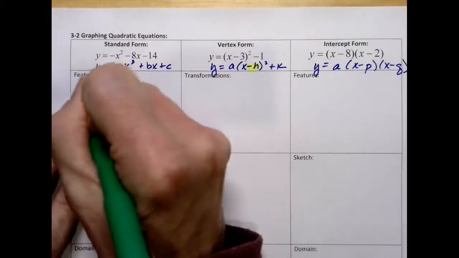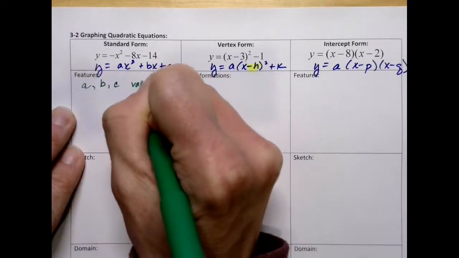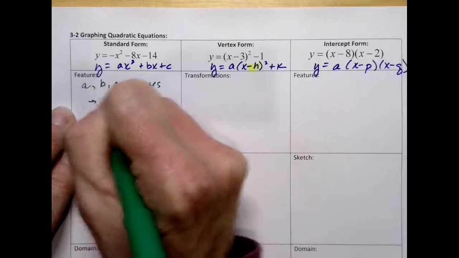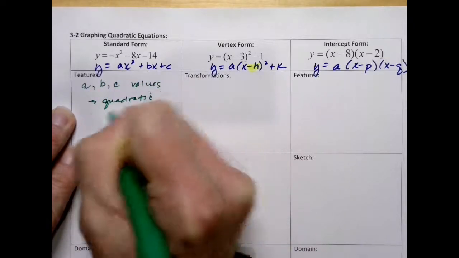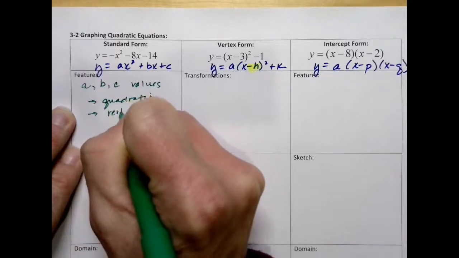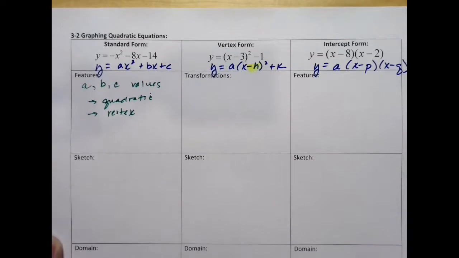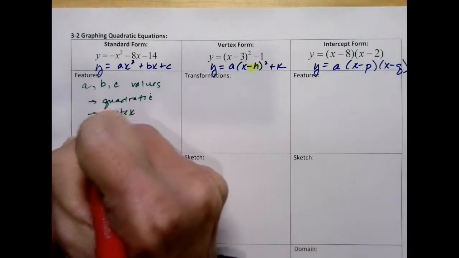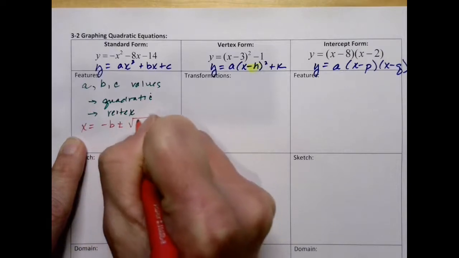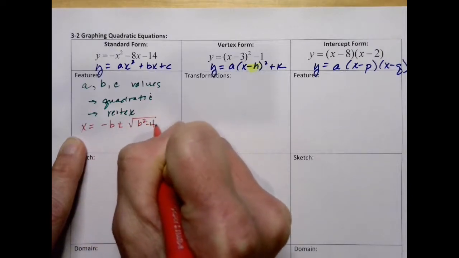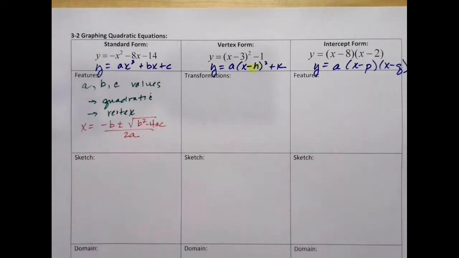So when we're talking about standard form, our a, b, and c values are the ones that we enter into our quadratic and our vertex formulas. And I like to talk about them together because if I have x is equal to the opposite of b plus or minus the square root of b squared minus 4ac all over 2a, that's our quadratic.